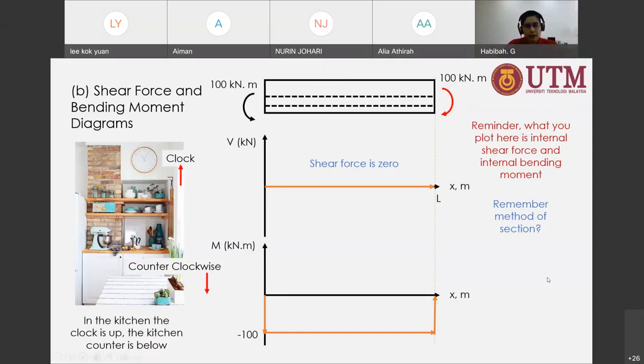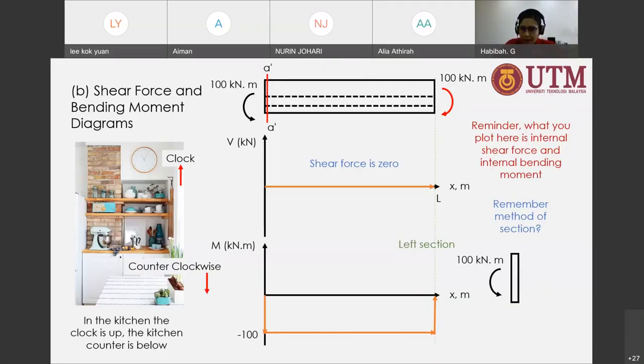So if, let's say, I take a very small element from the beginning of that beam, I cut it in that segment, and I draw the free body diagram of the segment on my left side. So this is my left section, okay? You saw that you have a concentrated moment being applied on that end of the beam. So that is counterclockwise. Okay, it is counterclockwise.